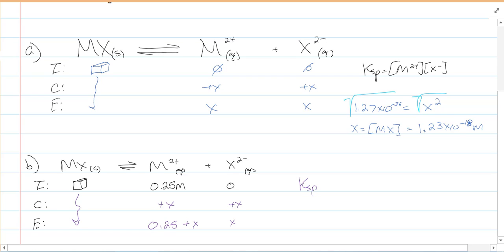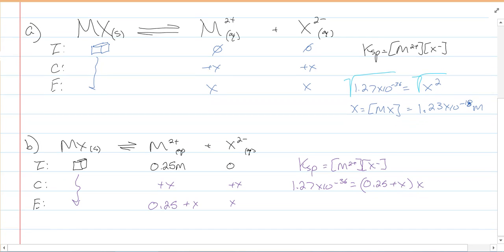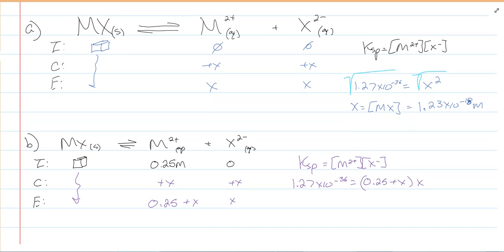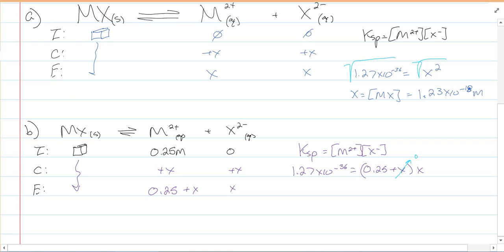So KSP is still M2 plus times X2 minus. I get 1.27 times 10 to the negative 36 equals 0.25 plus X times X. What we can do here, we can approximate this to 0 because it's more than 10 to the third difference.